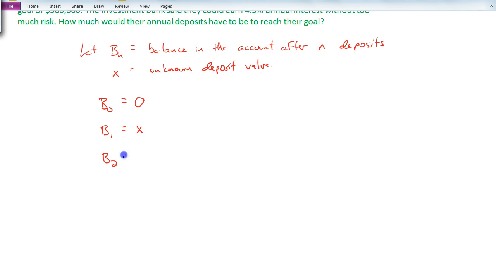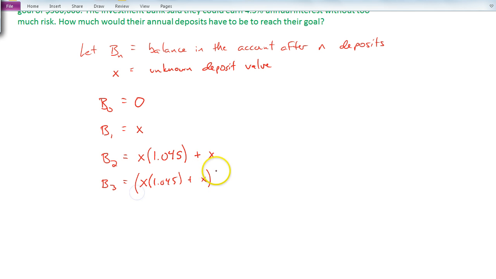B sub 2 is going to be that first year, so x amount of money has been in the bank for 1 year. So x times 1.045, because that made 4.5%. And then the second deposit's going to go in. B sub 3 is going to take this amount of money that's been in the bank, x times 1.045 plus x. That's how much money was in the bank for that whole second year.